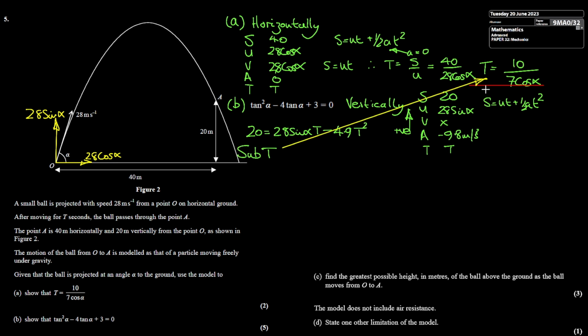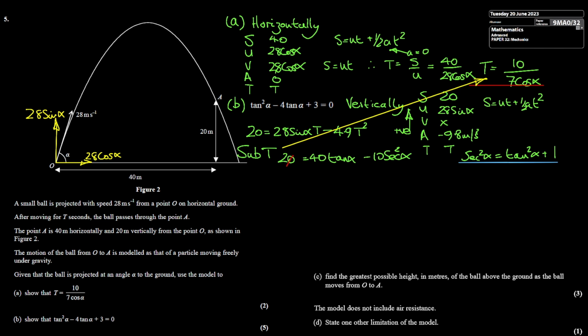So if I now substitute the value for t that we got in part A, and if you'll forgive me, I will do a little bit of simplification, and you should get this, that 20 is equal to 40 tan alpha minus 10 sec squared alpha. So substituting one of the trig identities that you should know, I can transform the sec squared into a tan squared, and after a bit more simplification, I should get what the question wants.